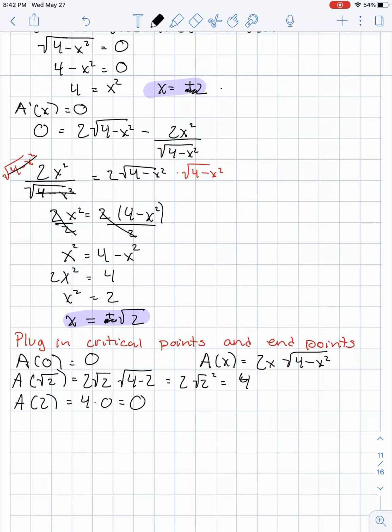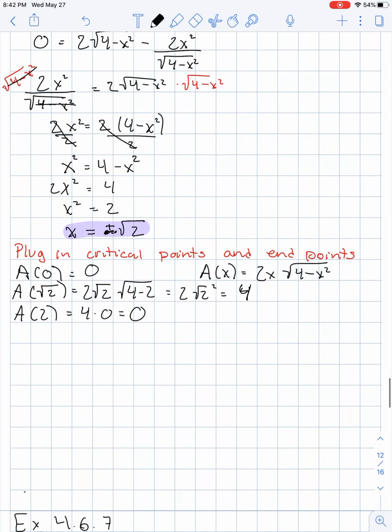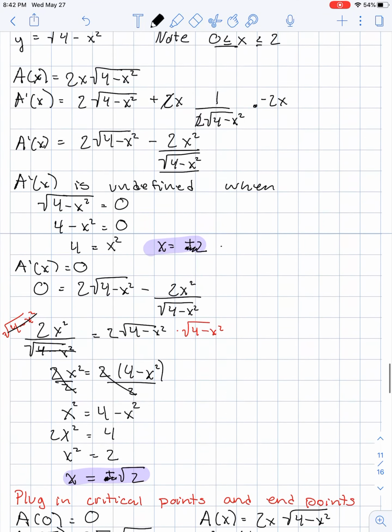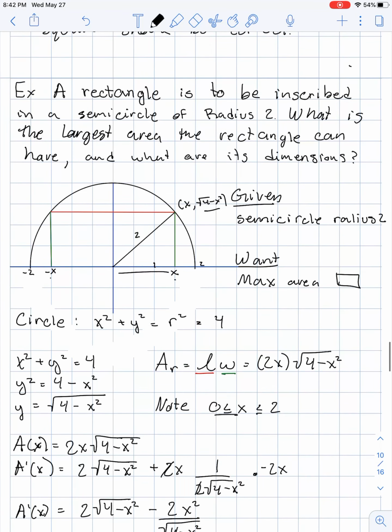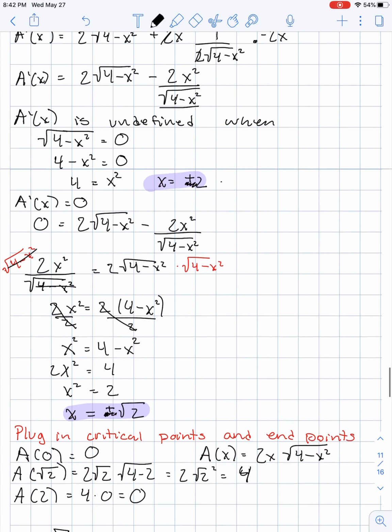All right. So we can clearly see here that x equals the square root of 2 is what's going to maximize the area. So let's go up here, and we wanted to know the largest area the rectangle can have.